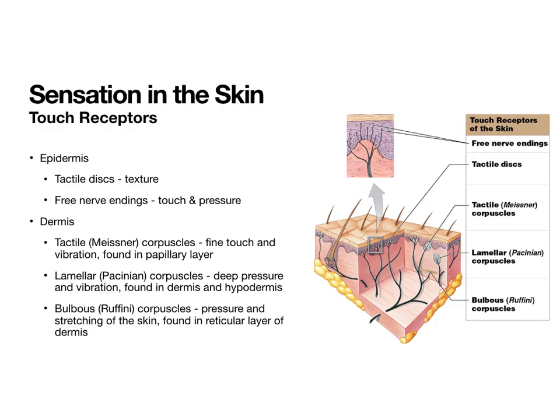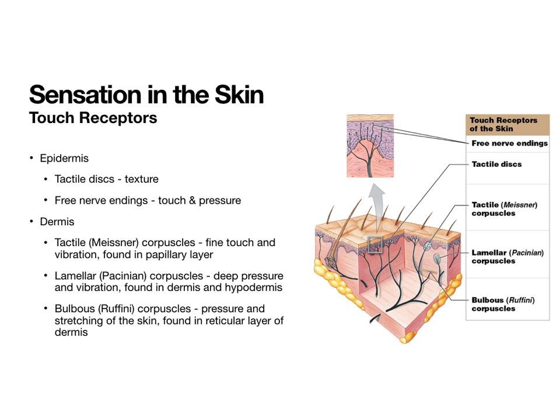Okay, so of course, as we know, we touch things, we feel things. So we're going to talk about the touch receptors that are found in our skin. In our epidermis layer, we have our tactile discs and our free nerve endings. The tactile discs are more the texture sensation, and the free nerve endings are the touch and pressure.